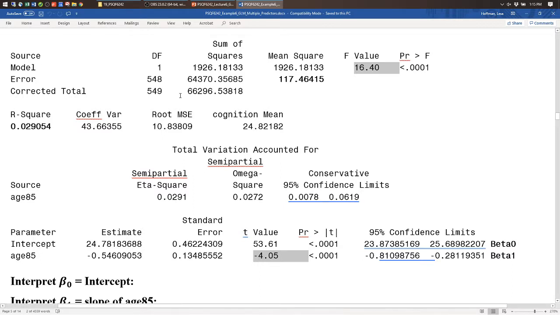So I don't get to say 3% isn't big enough, it doesn't matter. According to what is expected, it is outside of expected. And that is largely a function of the fact that we have 550 people. If we had like 20 people, that R-square would not be outside of expected.